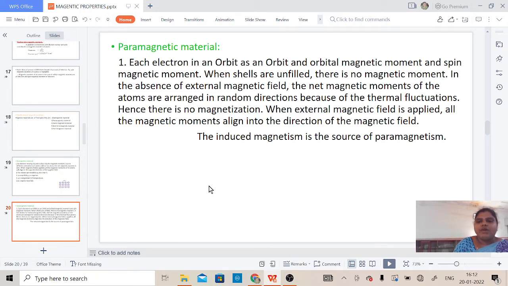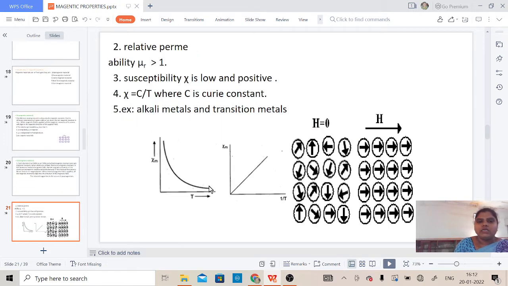When we apply the field in the forward direction, all the moments are set in the field direction. When we apply it in the backward direction, the magnetic moments also go along with the field direction. See here, when there is no field, all the magnetic moments are in random directions. Whenever we apply the field, they align in the field direction.